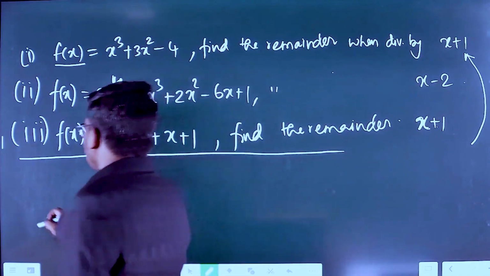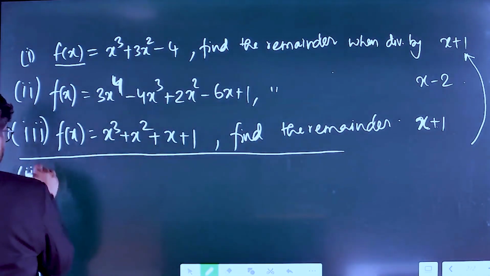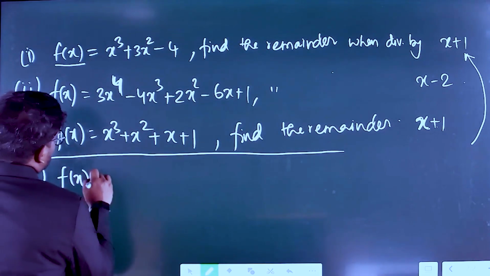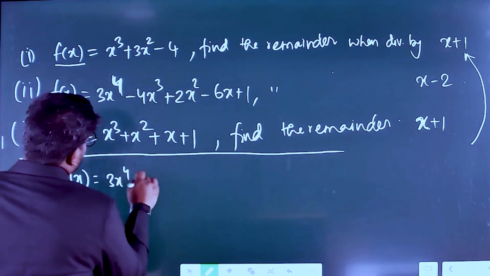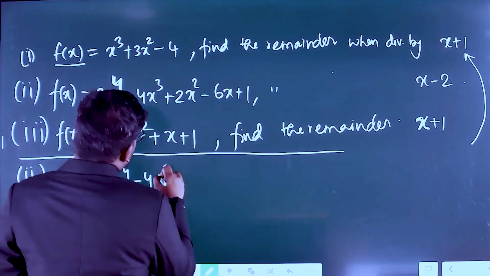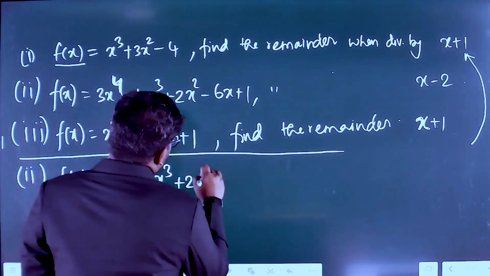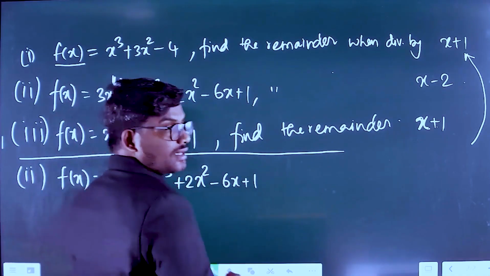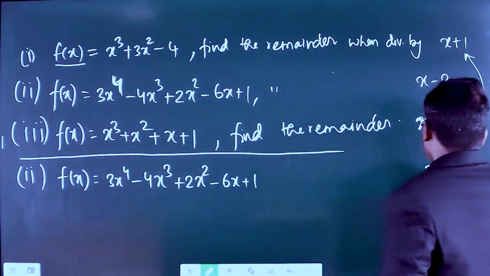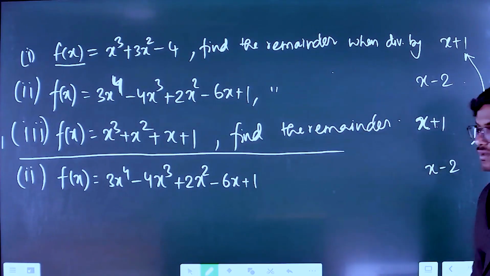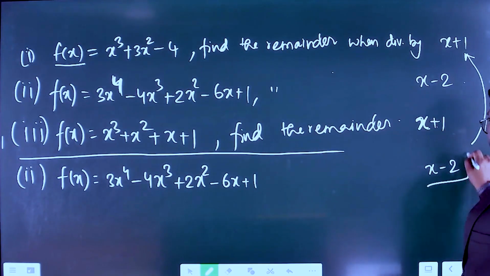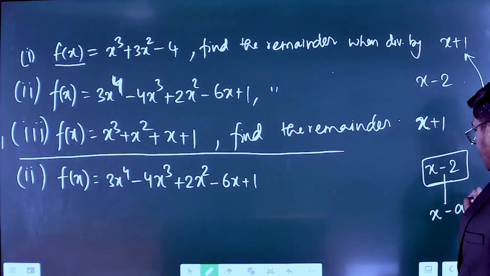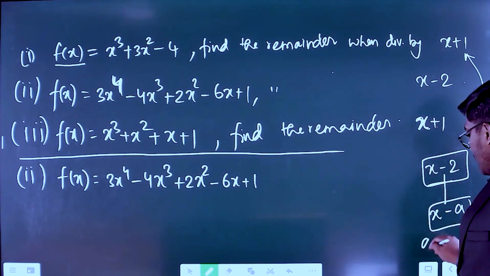Next, moving further to the second question. My f(x) is 3x power 4 minus 4x cube plus 2x square minus 6x plus 1, right? And my divisor is x minus 2. So compare this with x minus a. a is 2, right?